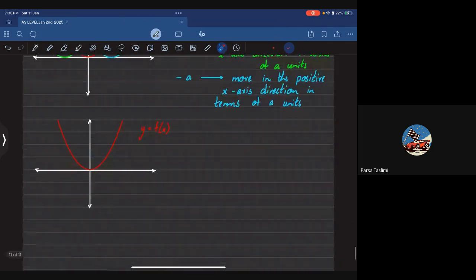What happens when there's a negative sign? Reflection. Yes. Well done, Barsa. So it's going to be some sort of reflection that's going to occur.